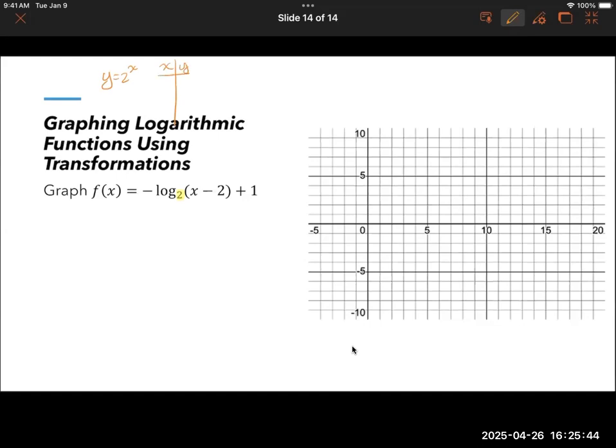So I would be using -1, 1/2. I would be using 0, 1, 1, 2, 2, 4, maybe even going as far as 3, 8 if you needed to.